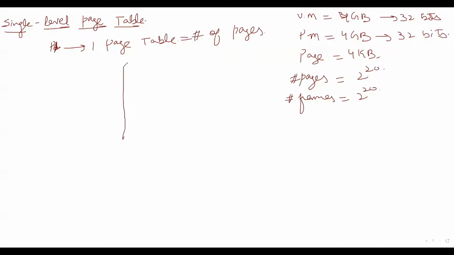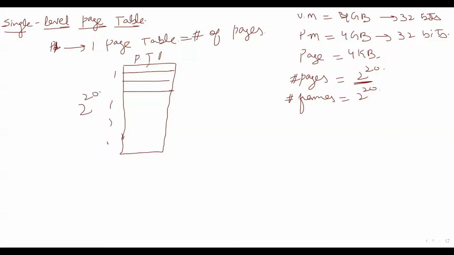So this will be our page table. And how many entries will be there for every process? 2 raised to the power 20. So this is the page table for process 1, and it will have a total of 2 raised to the power 20 entries. And every entry stores how many bits? 20 bits. So what will be the size of one page table? It is 2 raised to the power 20 into 20 bits.